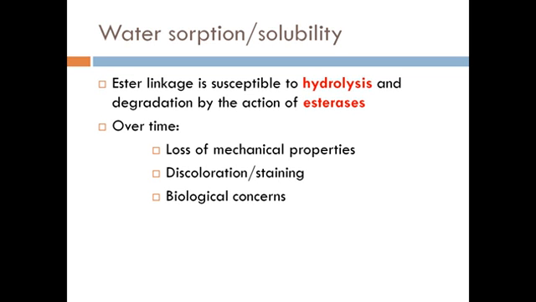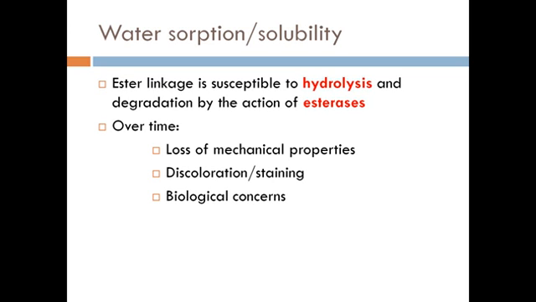So water sorption and solubility is another property that correlates with the presence of ester linkages in the methacrylate. The ester in the methacrylate is susceptible to hydrolysis and degradation by the action of esterases that are present in the saliva, that are also products of the metabolism of bacteria, and that are also present and trapped in the dentin.